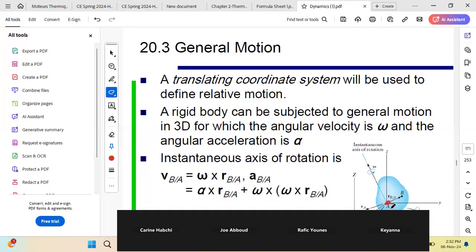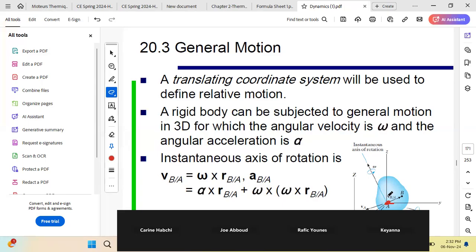So you can say that VB is simply VA, which is 0, plus omega vectorial AB. And for acceleration, the acceleration of B relative to A is alpha vectorial RB relative to A plus omega vectorial omega vectorial RB relative to A. So in case A is on the instantaneous axis of rotation, the velocity of A will be 0, but please note the acceleration.